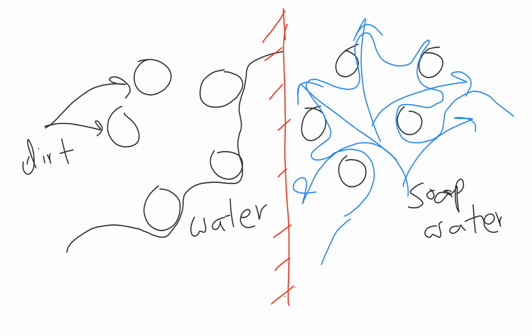And in another way, if you can remember, what happens if you heat a liquid? When you heat a liquid, the surface tension decreases. Again, when the surface tension decreases, the cleaning effect increases. So one is you can do it by adding soap.